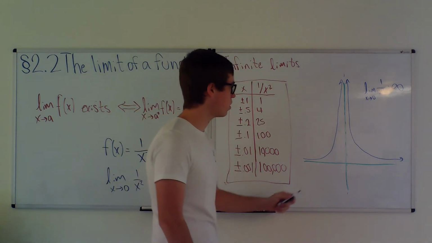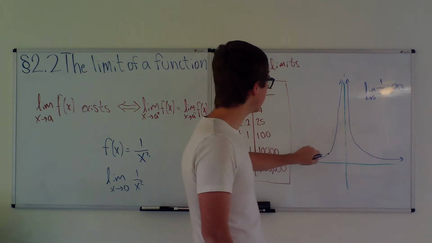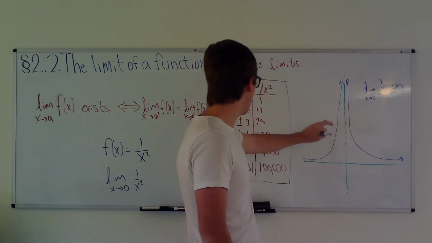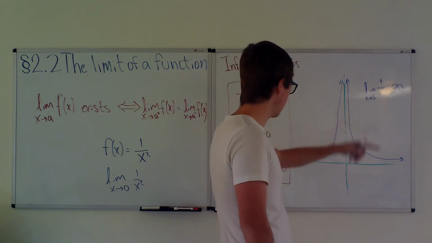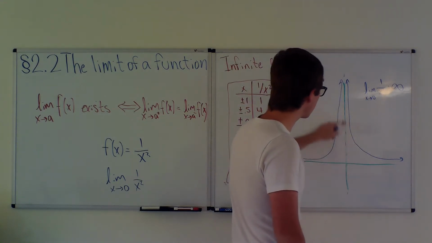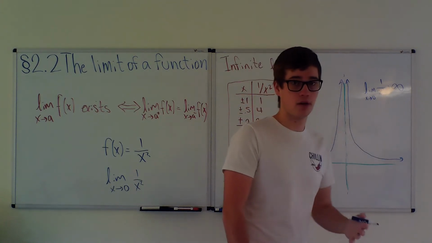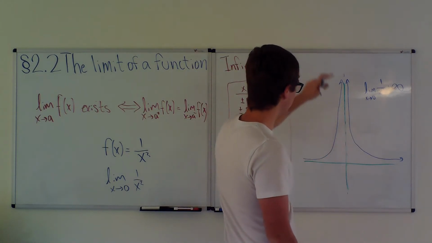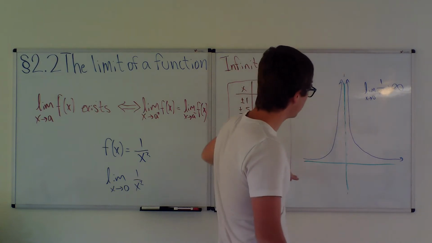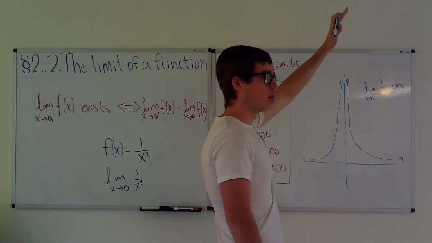If we were to see a graph, this is the graph of 1 over x squared, and we see both sides are going up, and there is a vertical asymptote, which is going to be very important in about 2 minutes. The function is just going upwards, and it's never going to hit 0.